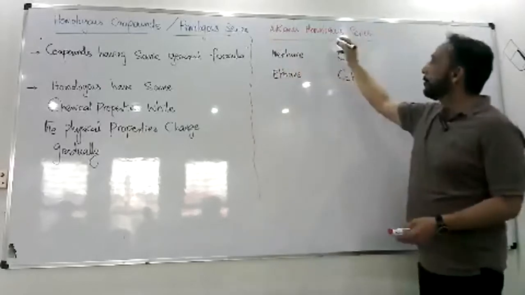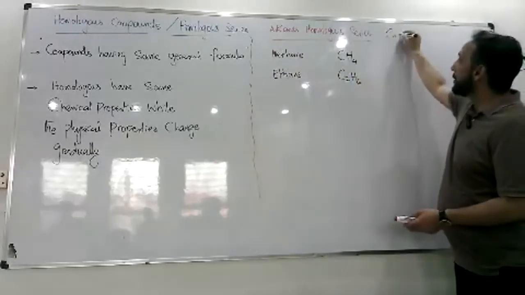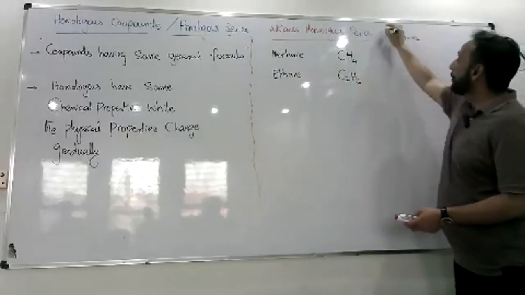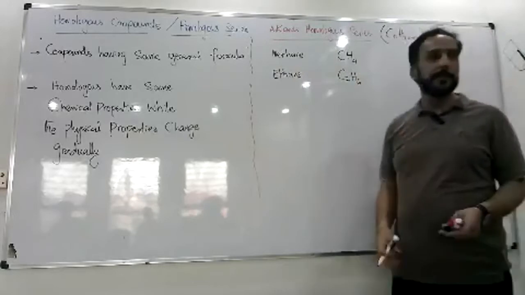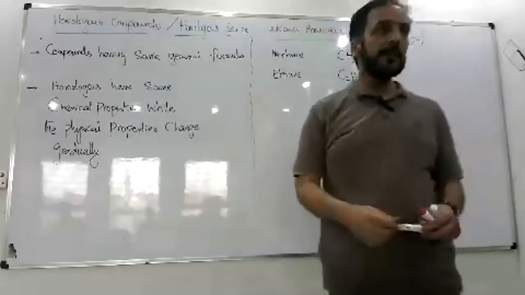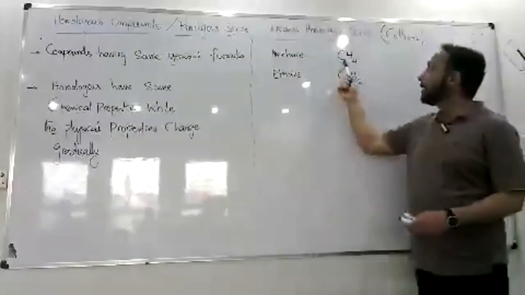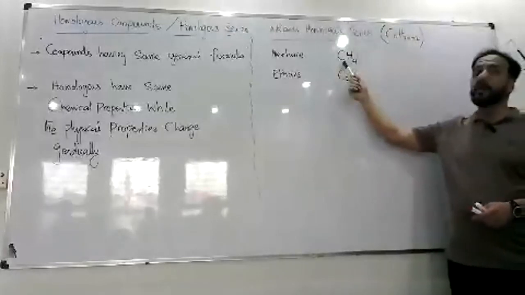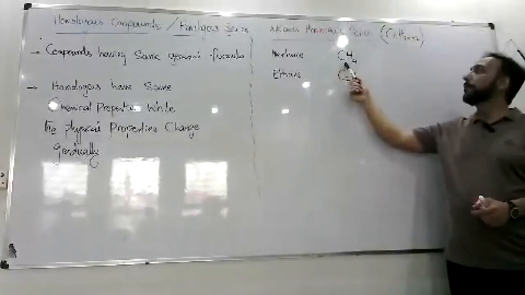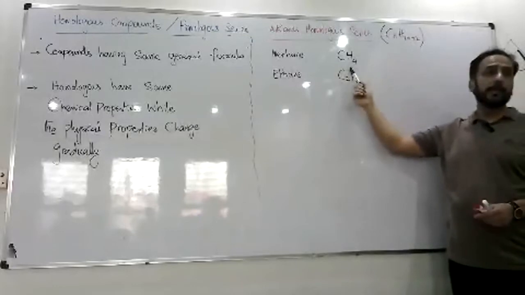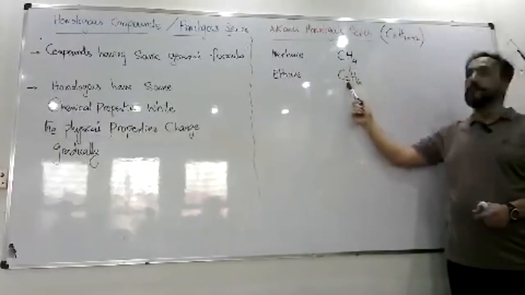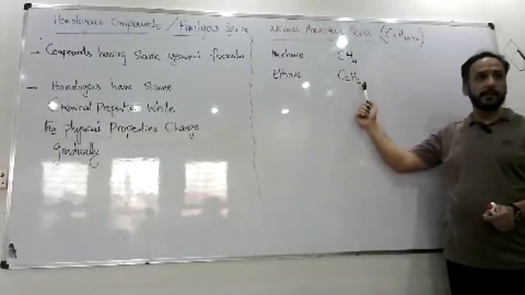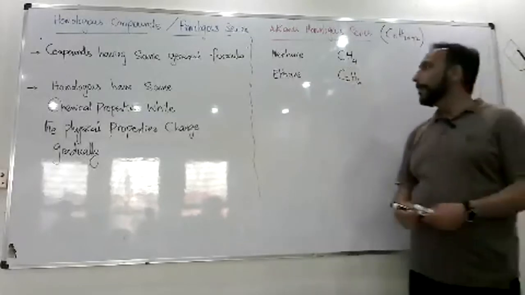So alkanes homologous series is based on this formula, that is CnH2n plus 2. ये इस पे बेस कर रही है. Where n is the number of carbon atoms, right? N is the number of carbon. If carbon की value is 1, so 2n plus 2 4 हो जाएगा. If n value is 2, so 2n plus 2 6 हो जाएगा. We done this yesterday actually.